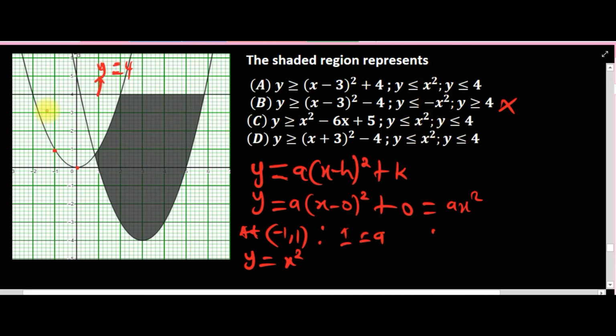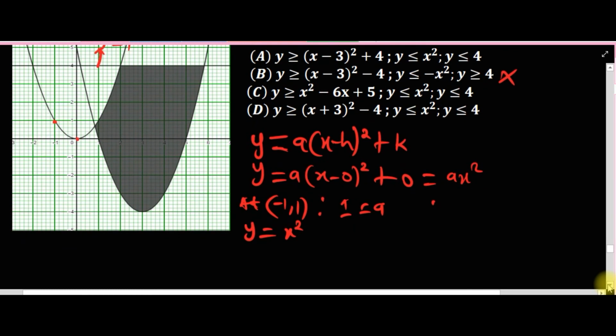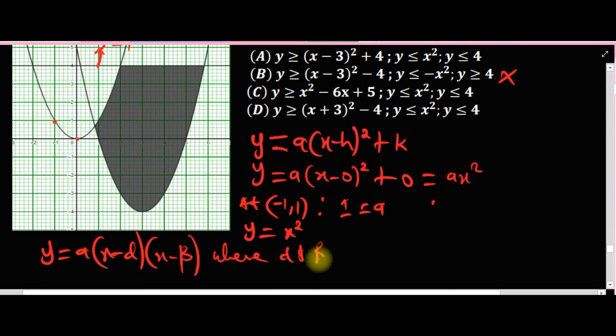So next thing is to get the equation of the second curve. So how do you get it? Also using our intercepts, y equals a(x minus alpha)(x minus beta), where alpha and beta are the x-intercepts.